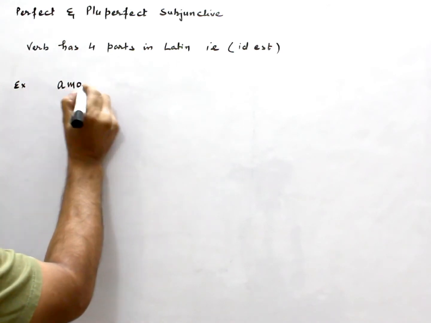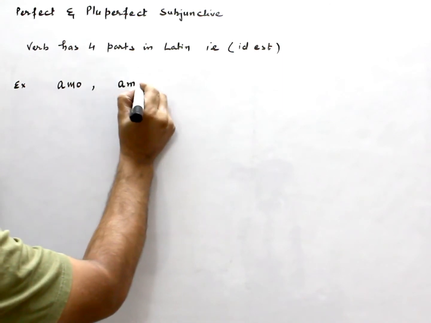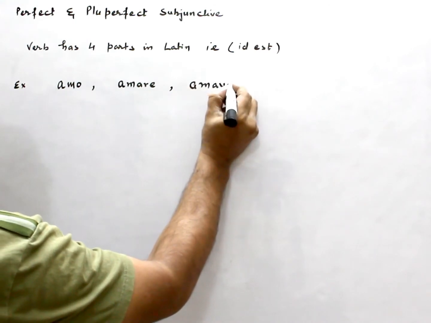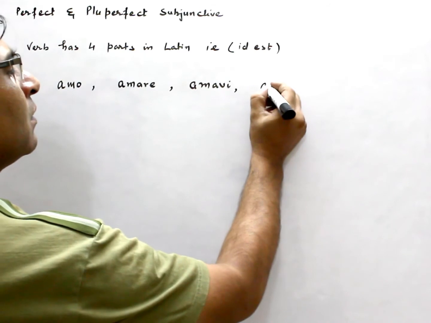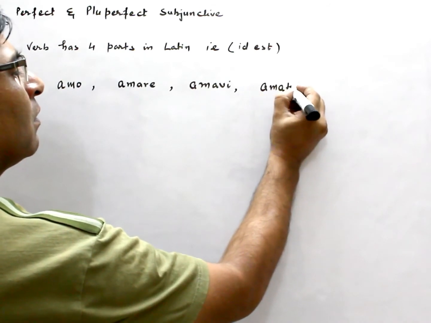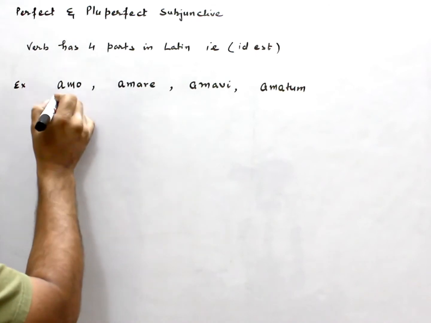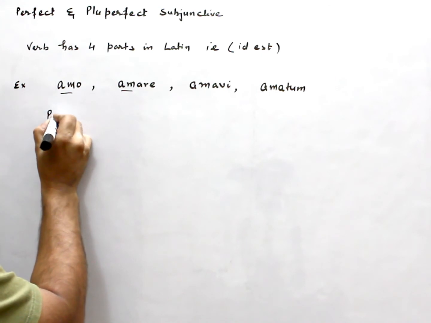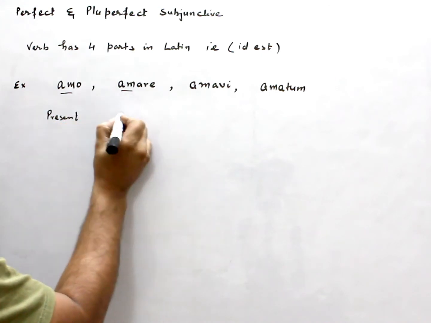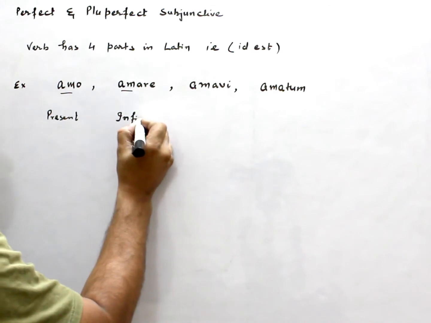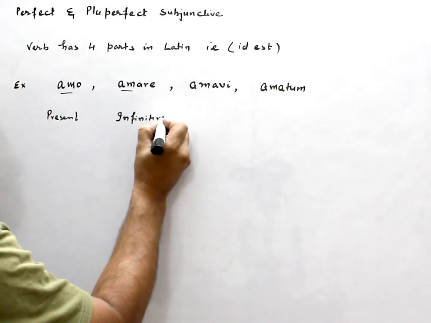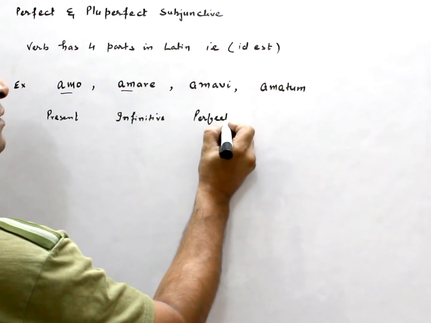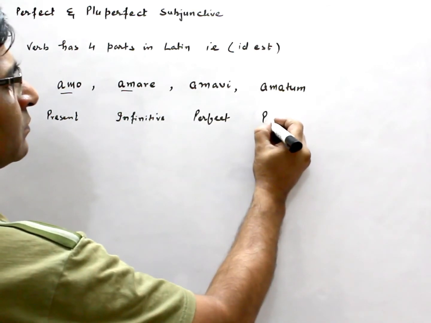Amo, amare, amavi, amatus. This is present, and this we take as infinitive, and this part is perfect, and this is perfect passive.